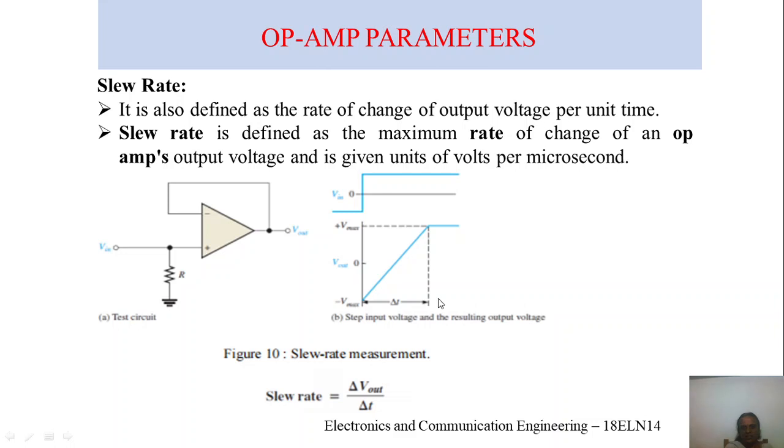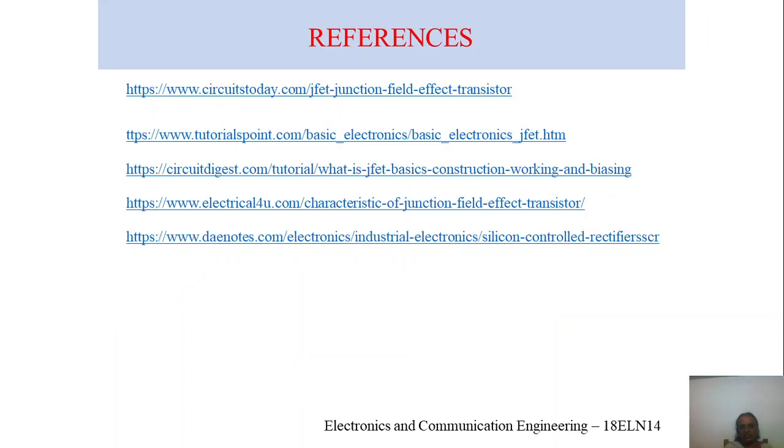This is the step input voltage and the resulting output voltage waveform. Likewise, you can see the slew rate measurement. These are the few op-amp parameters continued from the last session.